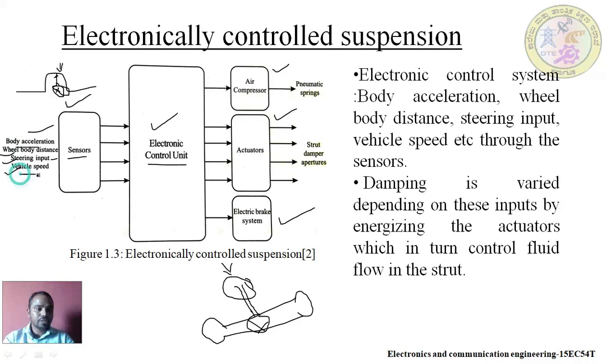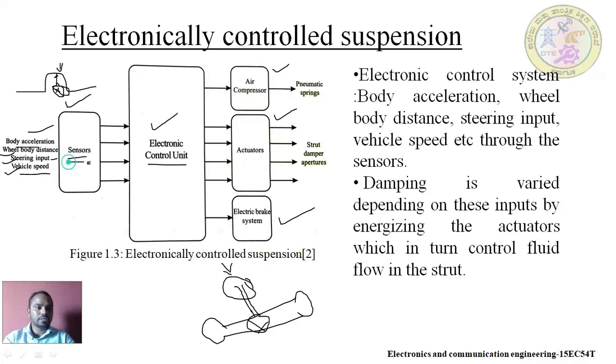Similarly, the wheel speed information can also be captured with the help of the wheel speed sensor. When a driver presses the acceleration pedal, the vehicle gets momentum and moves fast. This is all about the basic parameters of the electronically controlled suspension system.